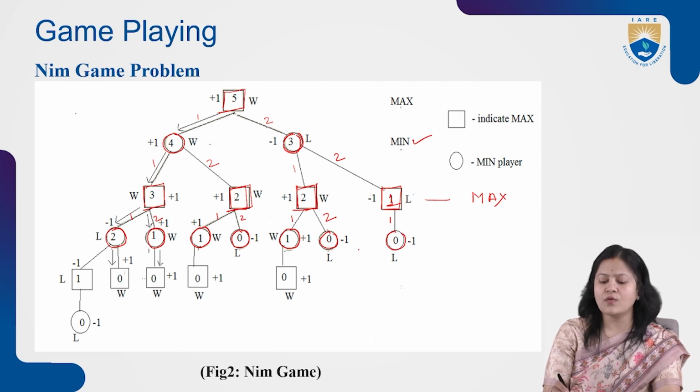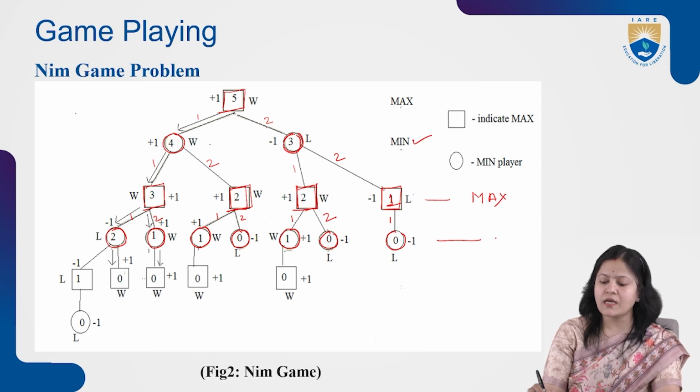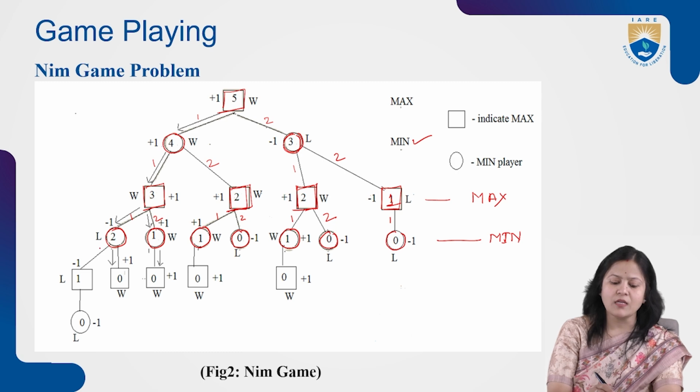Now wherever you are finding 0 means their game is completed. Now whose turn here in this layer? Still some numbers are visible apart from 0, because here 2 is there, here 1 is also there, here 1. So next turn will be for mean player. So mean player will play. Now same procedure will be followed for mean player. So it can take 1 or 2 objects at a time. If it takes 1 object from 2, remaining will be 1.